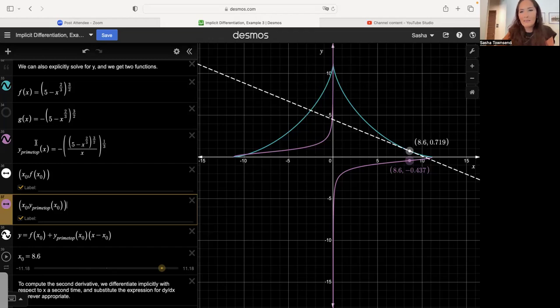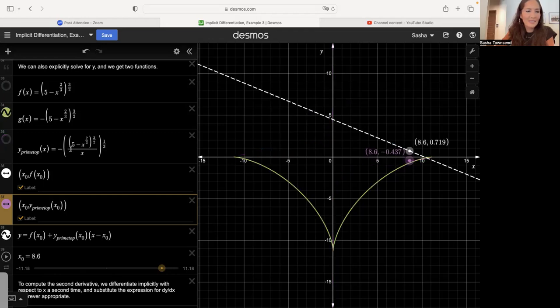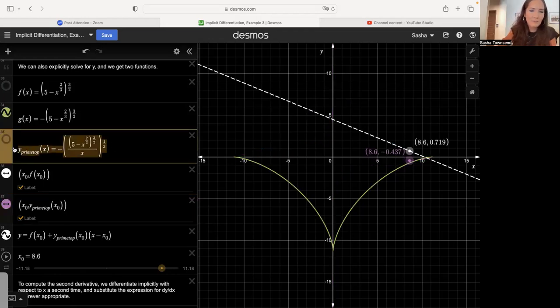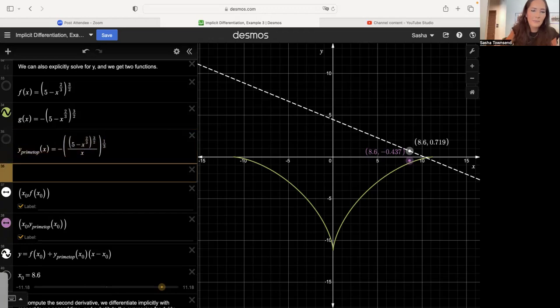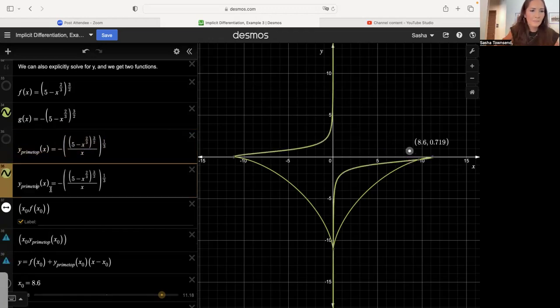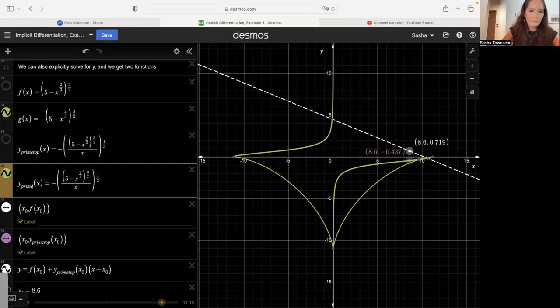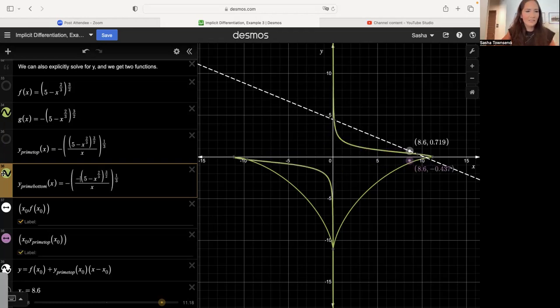And then we can do the same thing with the other function, the bottom function. We can look at that. Then the derivative for the bottom is going to be very similar to the derivative for the top. We just multiply the y value by -1.